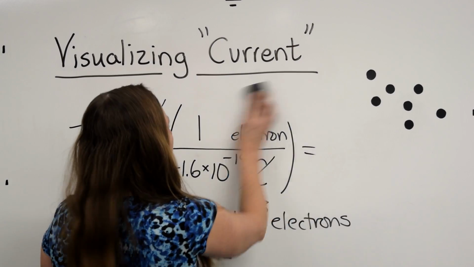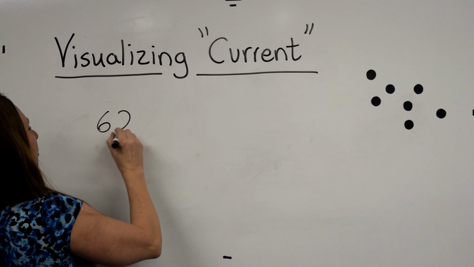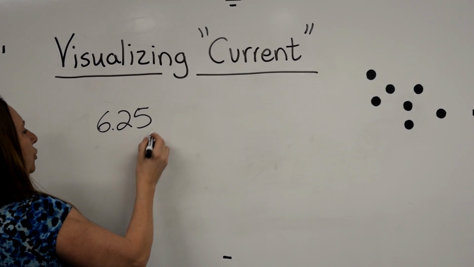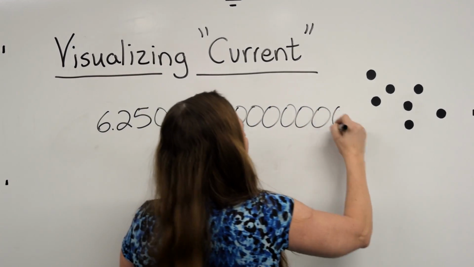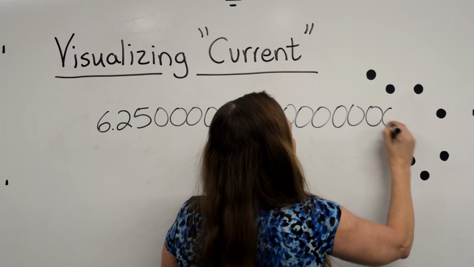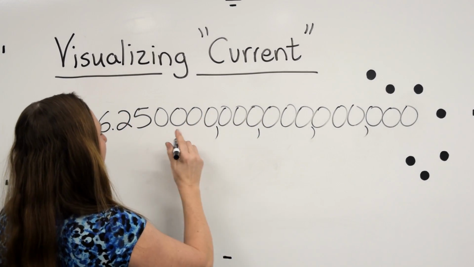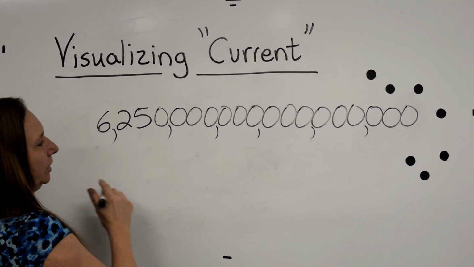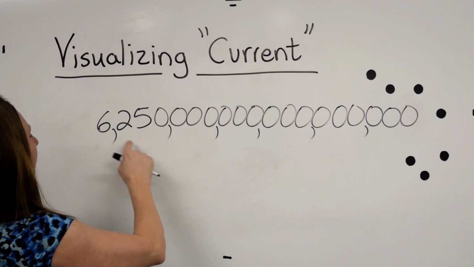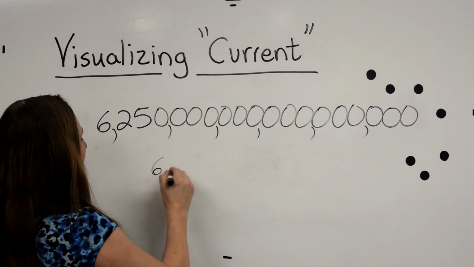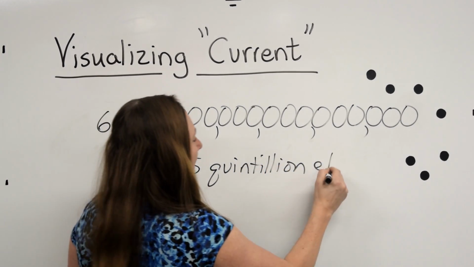Let's see how big that number really is. 6.25 times 10 to the 18th. 625, and then 18 zeros: thousand, million, billion, trillion, quadrillion, quintillion. 6.25 quintillion electrons. That's a lot of electrons.